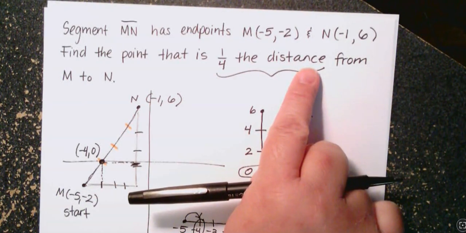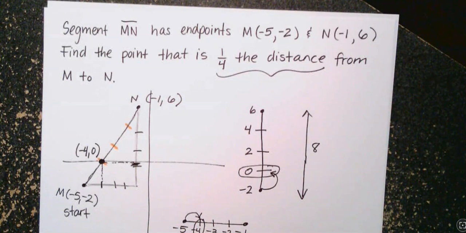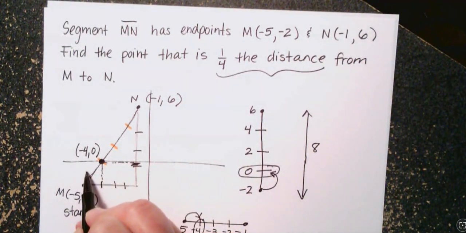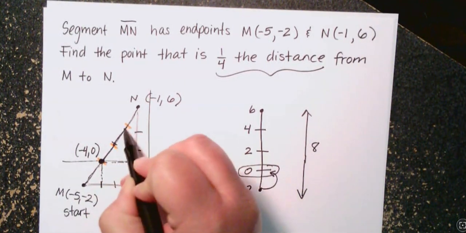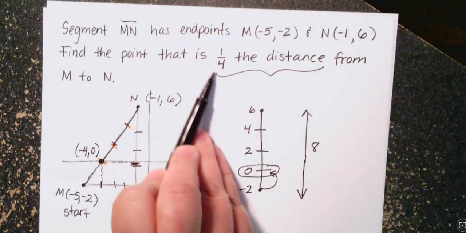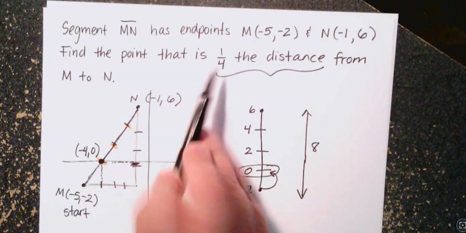They'll say, find the point that divides the segment into a ratio of this number to that number. In this particular case, since there's one section before we get to our point and 1, 2, 3 sections after it, because remember it was 1/4, which implies 4 total sections, we're cutting the segment into 4 pieces.